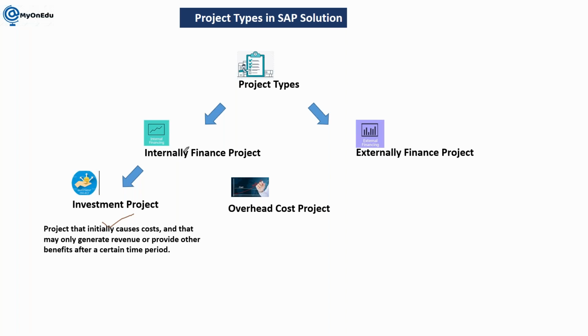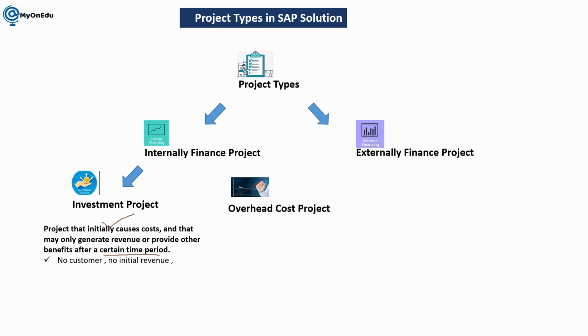This will come after a certain period. Let's say you construct an office and after 10 years you recognize how much rent you saved and how beneficial it is for your employees. You can calculate that ROI, or decide based on different factors. So we don't have any revenue at the initial stage, we are just incurring the cost.